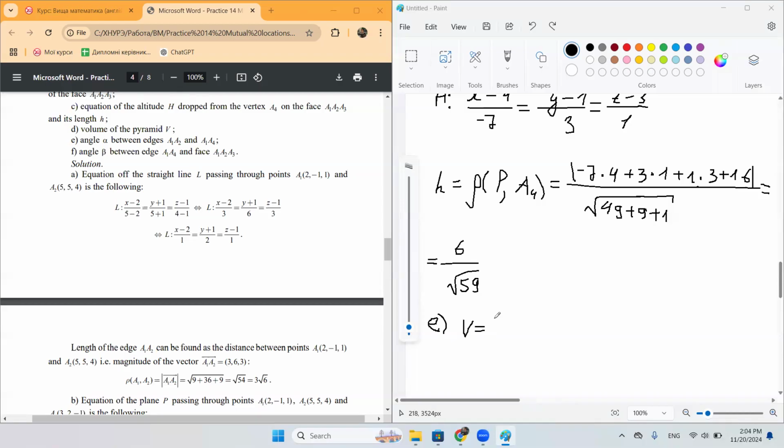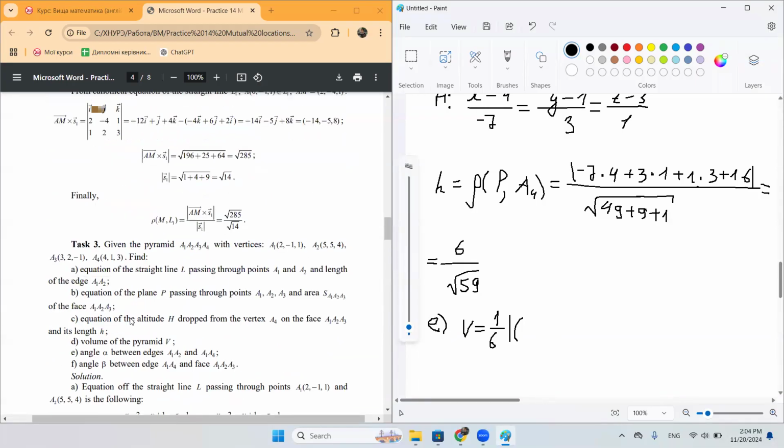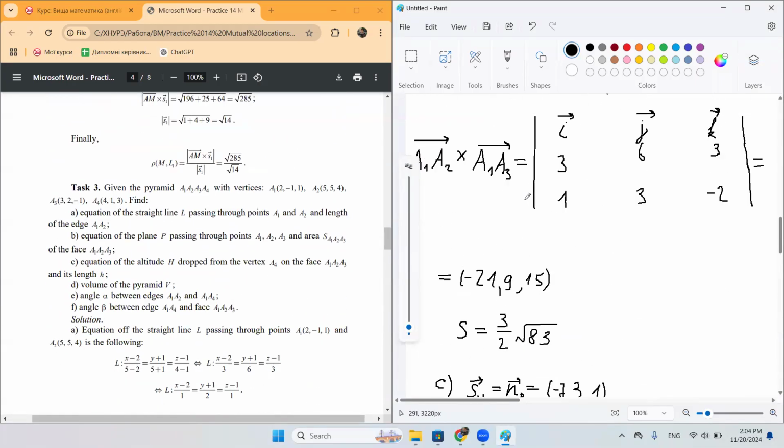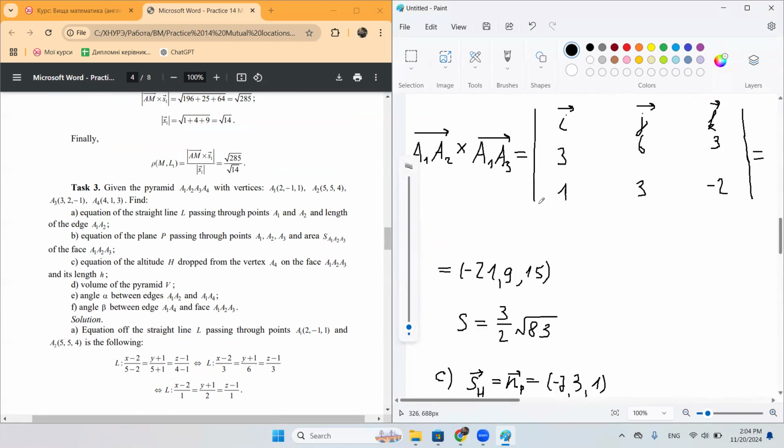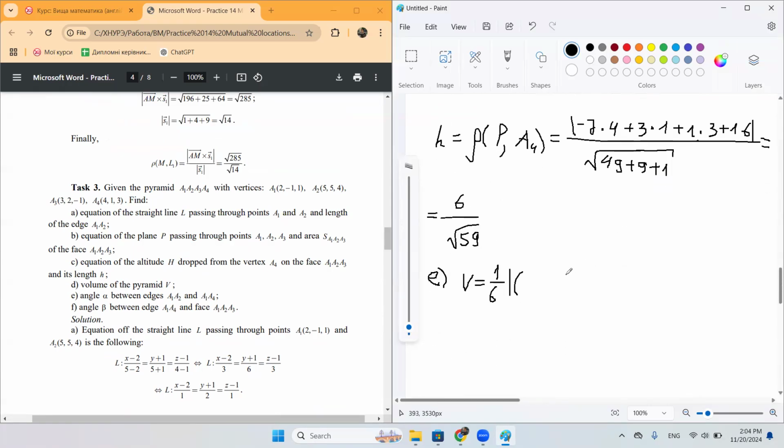Well, you are so shy, so let me write. So it is 1/6 of the magnitude of the vectors that build this pyramid. So we calculate the mixed product of vectors A1A2, A1A3, A1A4. Then we divide the magnitude by 6.